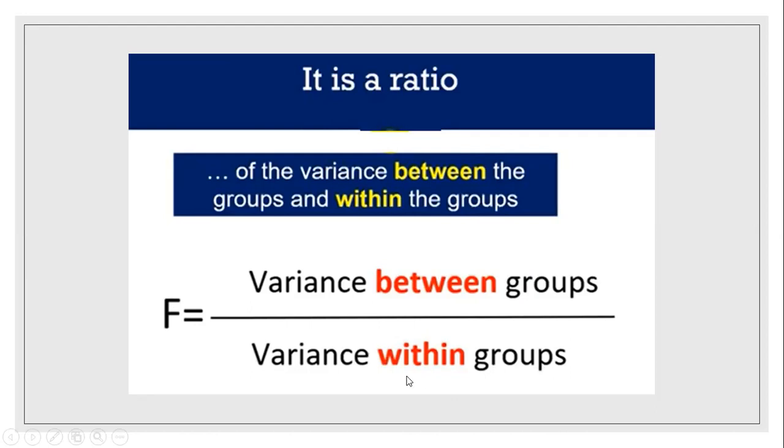When you do all the calculations, you put the between-groups variance up and the within-groups variance down. It's a big, tough work when you carry your calculator and your paper and begin to do the calculation.